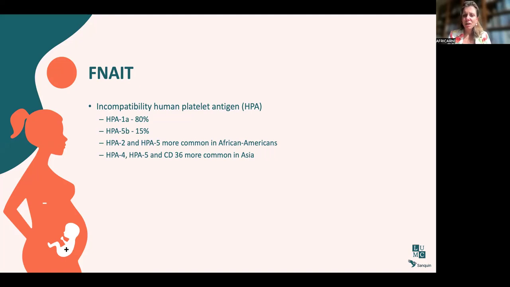In addition, anti-HPA-5b results in 15%. And you see that the occurrence of the different HPAs differs throughout the world. So it's important to look at your own context.